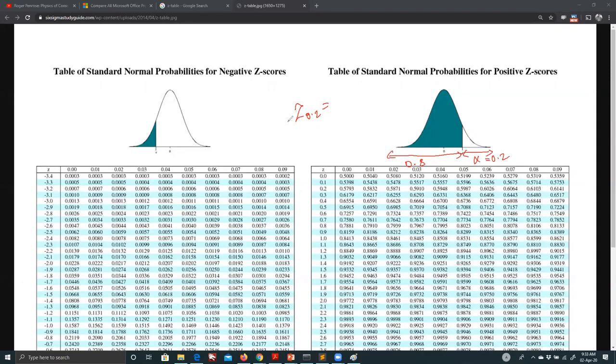So basically Z 0.2 is right there. The rest of the area that I want, the region of acceptance as it is also called, is 0.8.